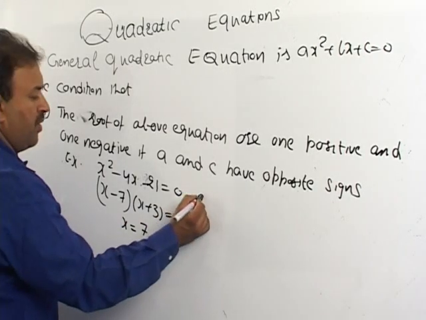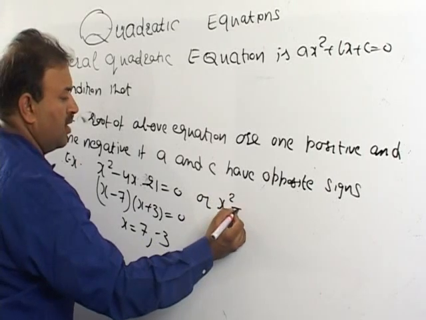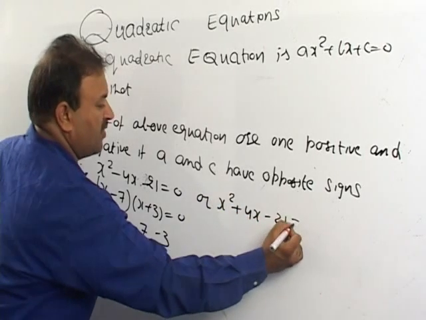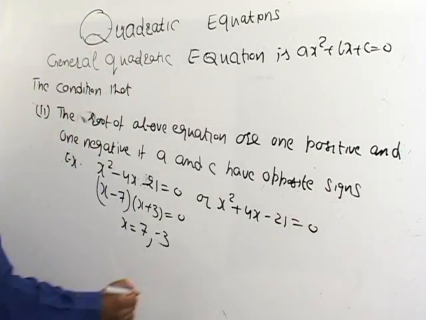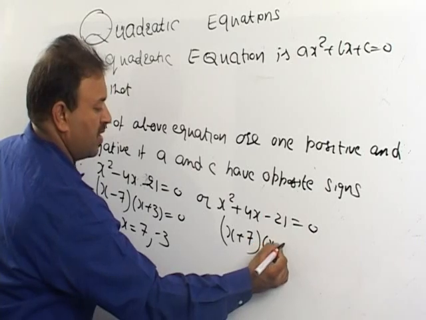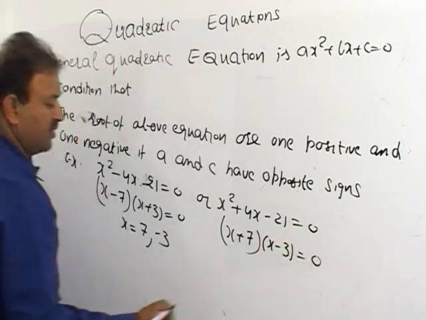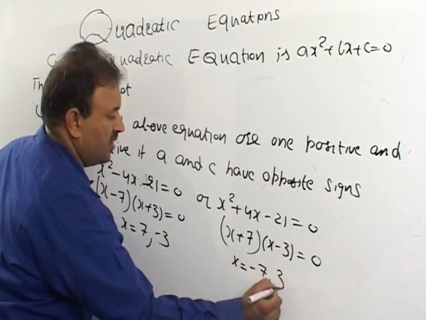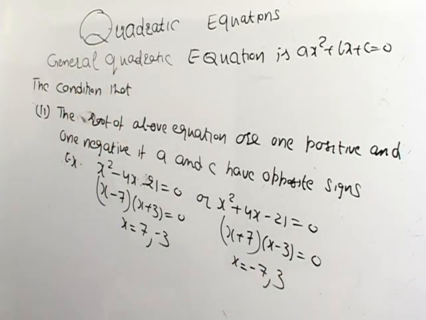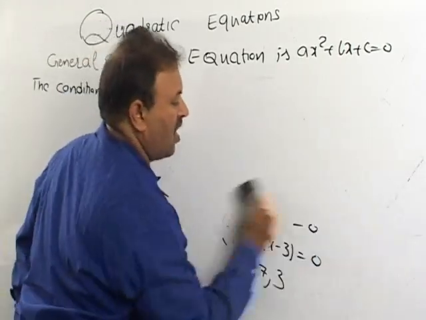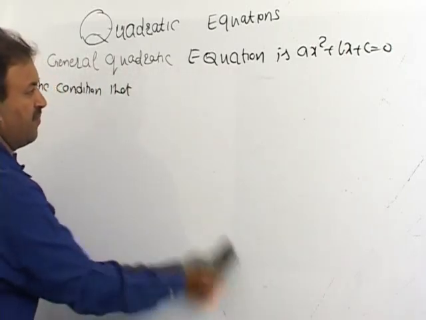Or x square plus 4x minus 21 is equal to 0. This equation has roots (x plus 7)(x minus 3) is equal to 0, x is equal to minus 7 and 3. The third point is the roots of the above equation are both negative.